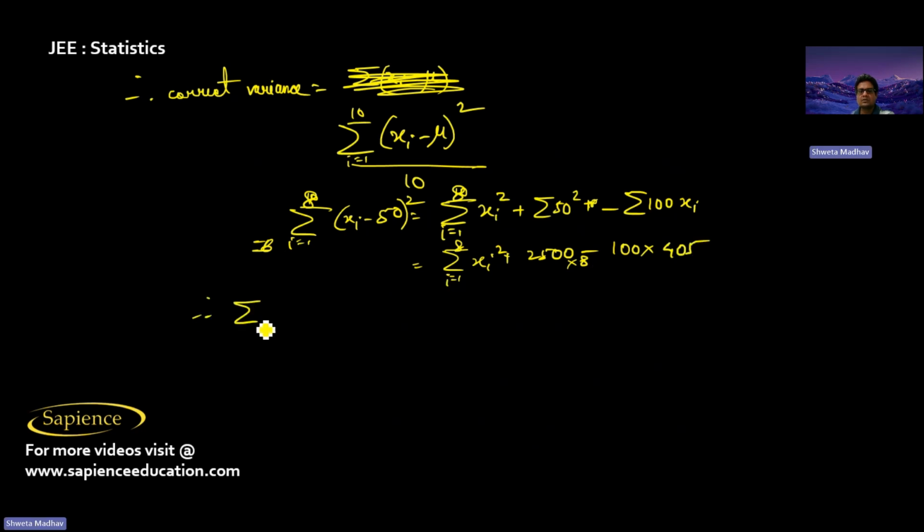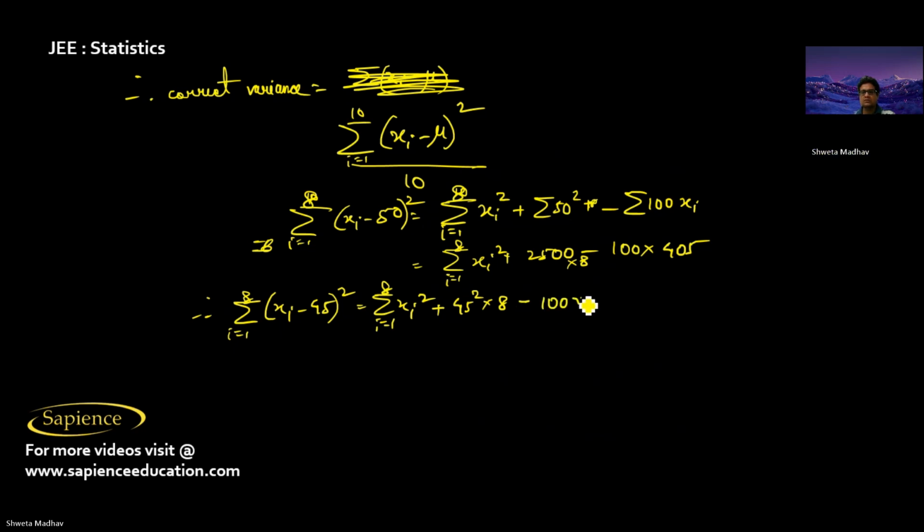Now therefore summation i goes from 1 to 8 of (xi minus 45) whole square, which we need to compute, would be summation xi square, i goes from 1 to 8, plus 45 square into 8, minus 100 into summation xi, which is 405.